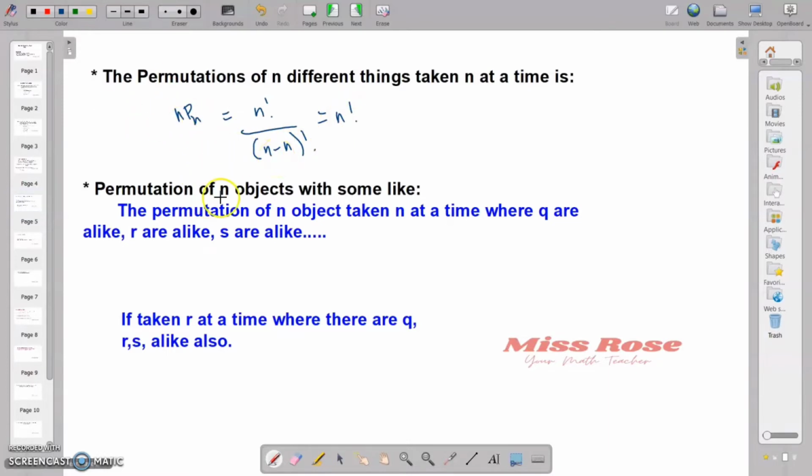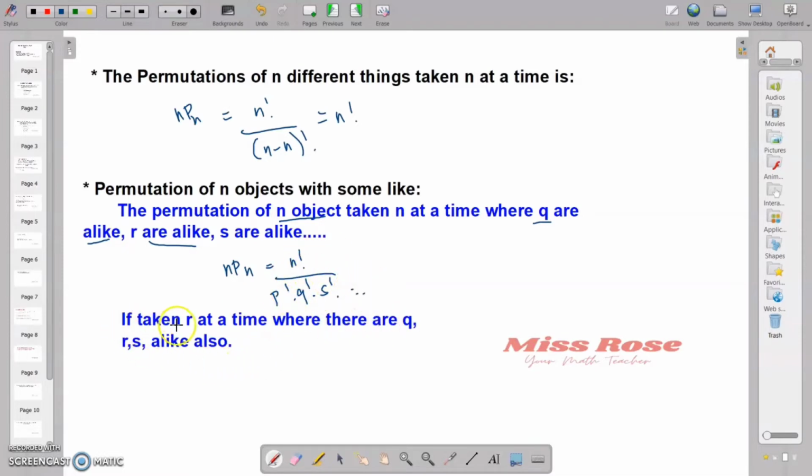But in permutation of n objects with some alike, the permutation of n objects taking n at a time where p are alike, q are alike, and s are alike, nPn equals n factorial over p factorial q factorial s factorial. That's the formula and so on.